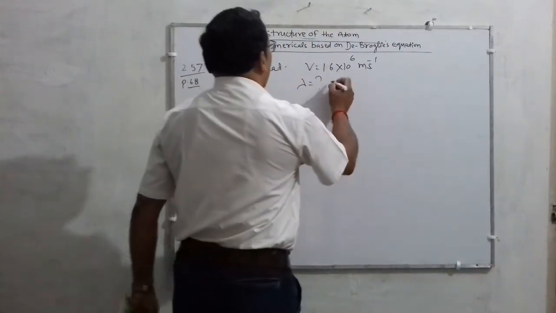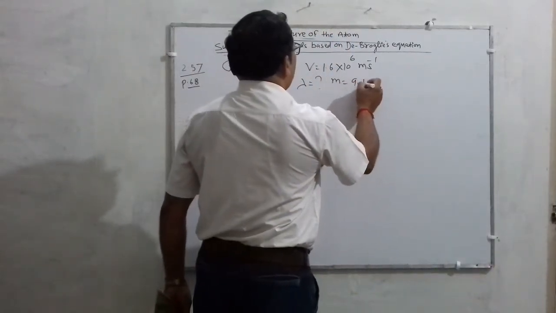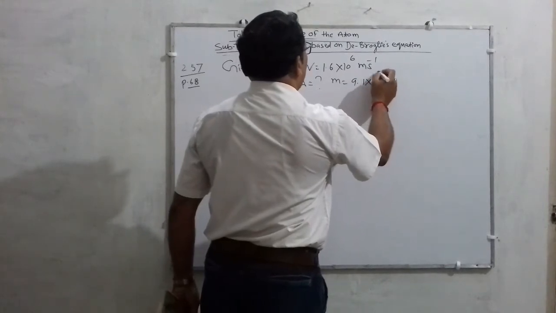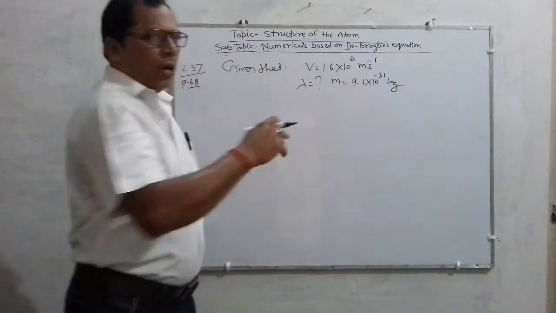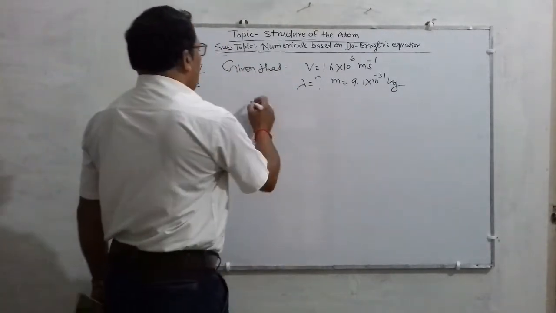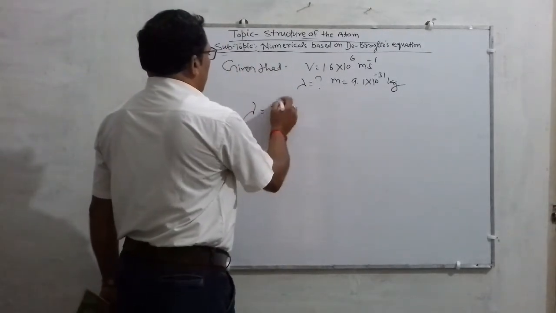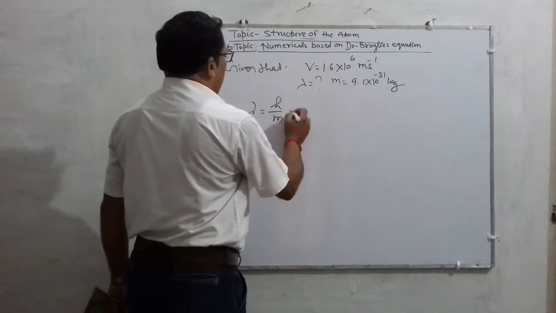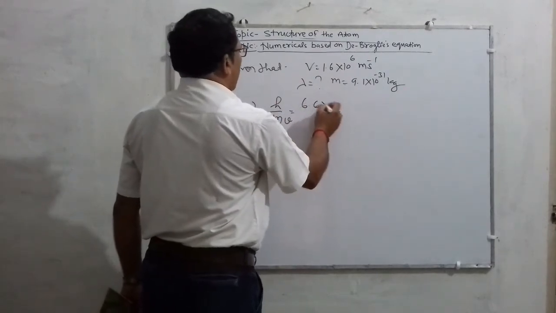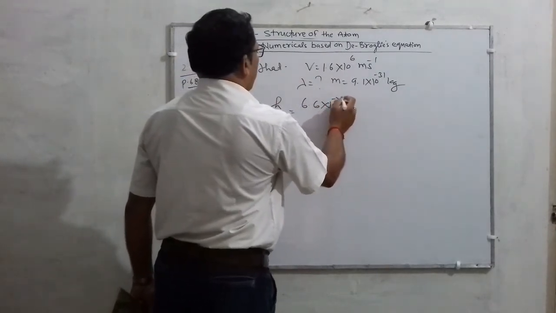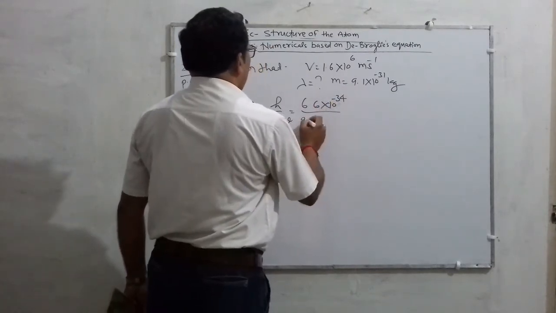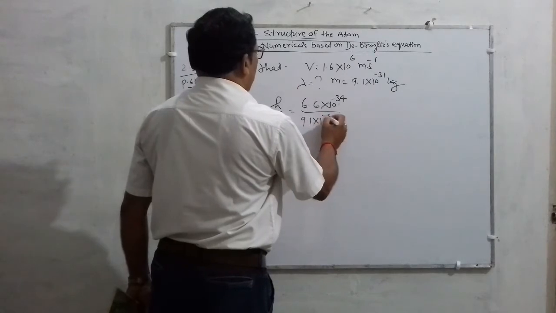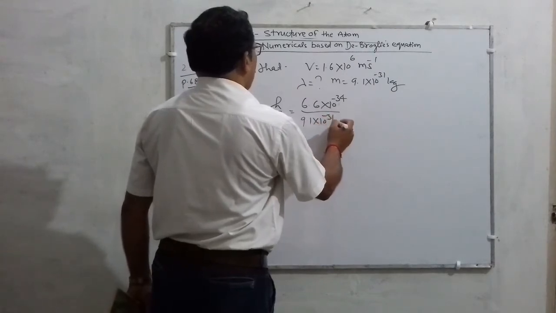So mass will be as usual 9.1 into 10 to the power minus 31 kilogram. Must use the proper unit. So add the formula lambda equals h by mv, h we know 6.6 into 10 to the power minus 34 divided by 9.1 into 10 to the power minus 31.